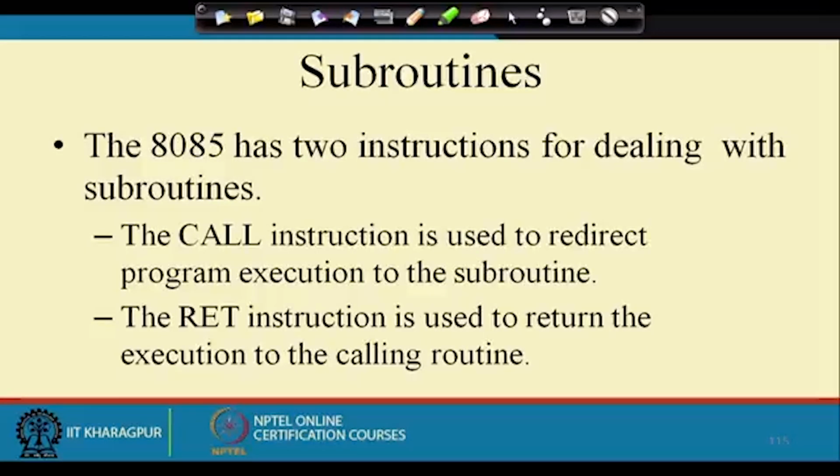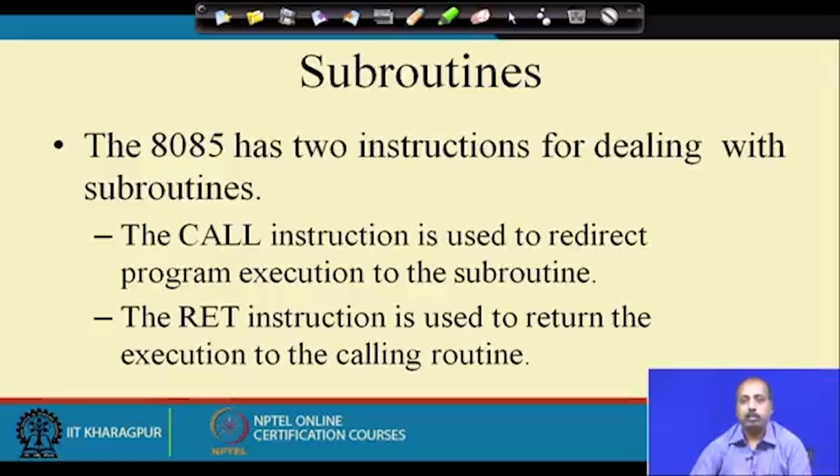You can understand that it becomes the responsibility of the processor that before starting the subroutine, it should save the address of the instruction just after the call, so that it can return to the appropriate address.